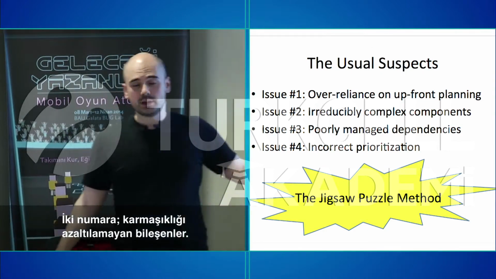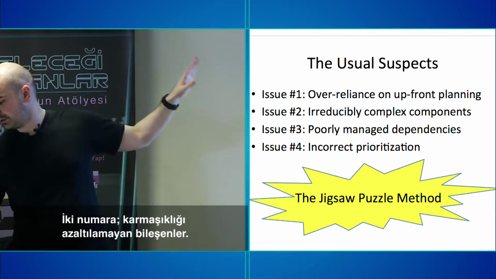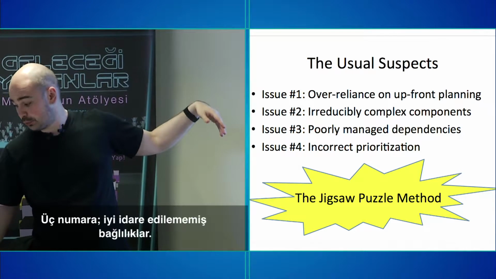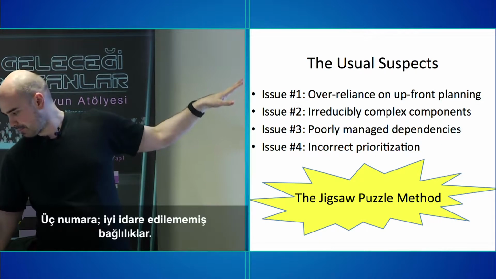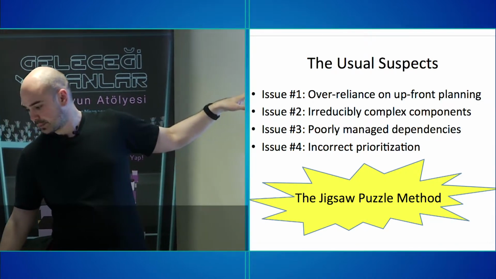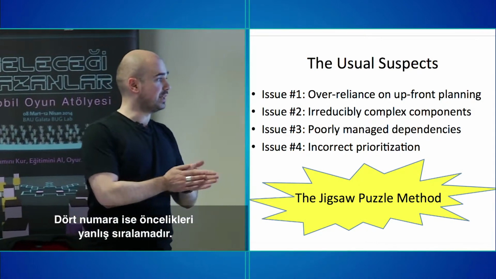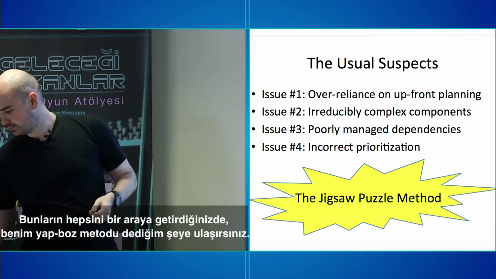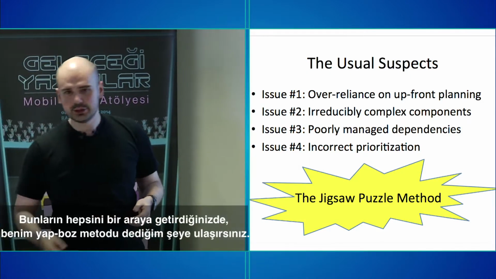Number 2, irreducibly complex components. We're going to look at that in more detail later. Number 3, poorly managed dependencies. Number 4, incorrect prioritization.